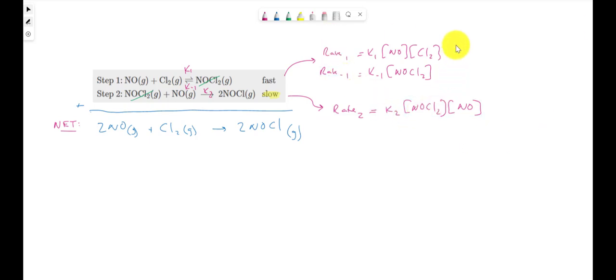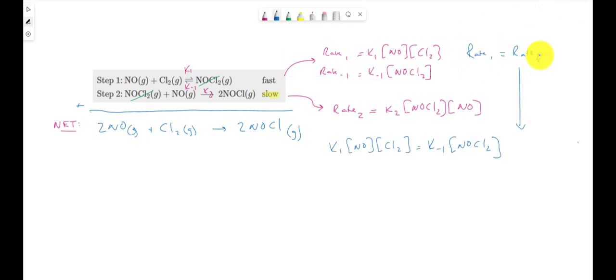So just like we did in the previous example, if we've got this double arrow, this is super fast, so we can assume this step is at equilibrium, which just means that the forward and reverse rate are equivalent to each other. The reaction is happening in forward and reverse directions at the same exact rate. That has consequences in terms of these rate laws because that allows us to set up an equality and make them equal to each other.